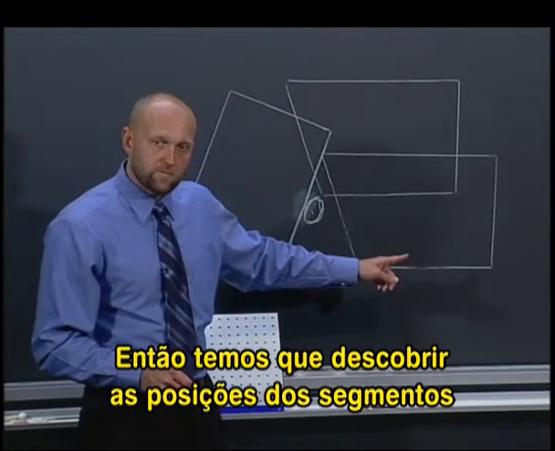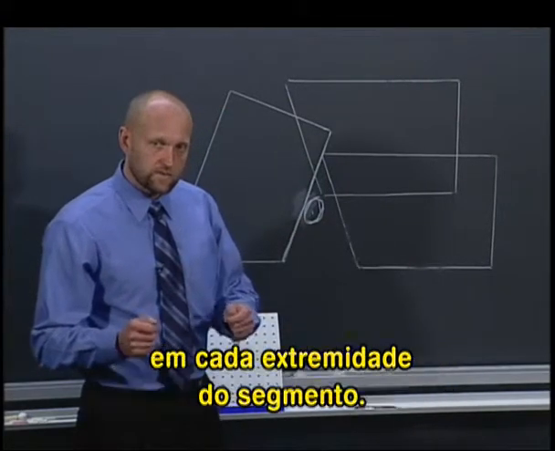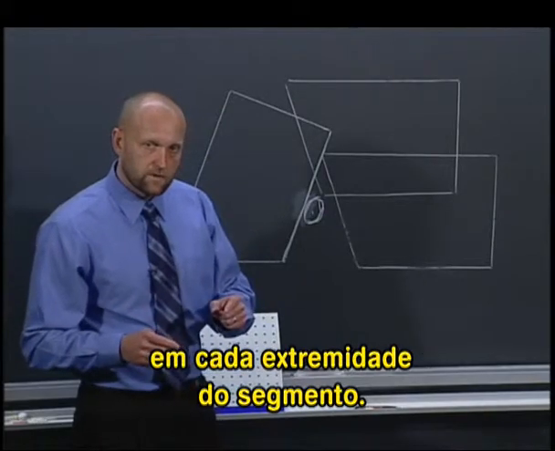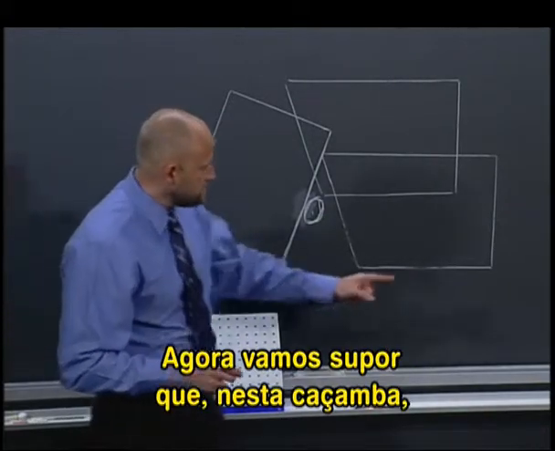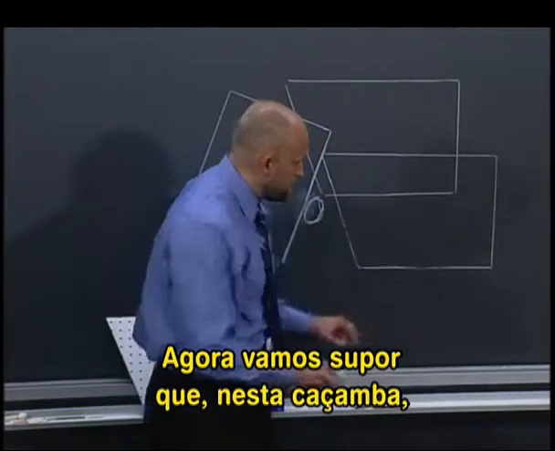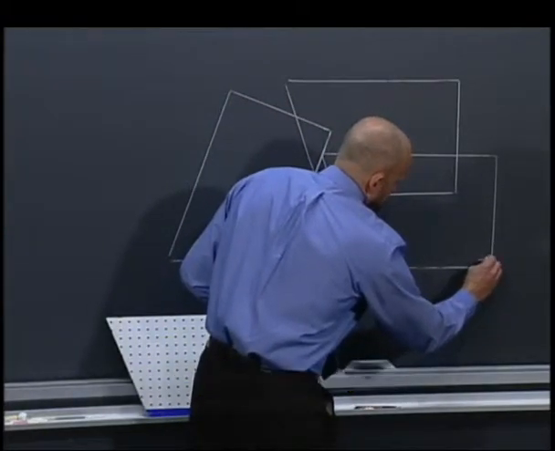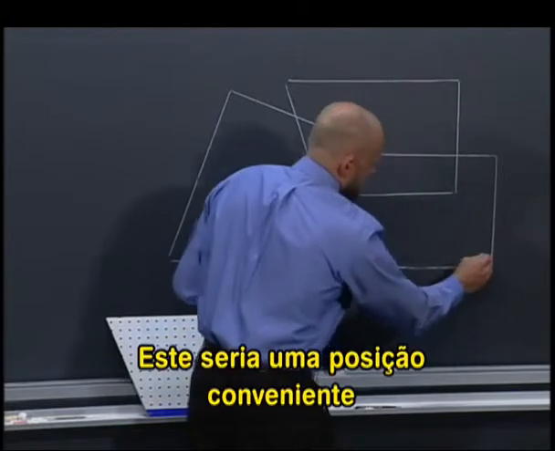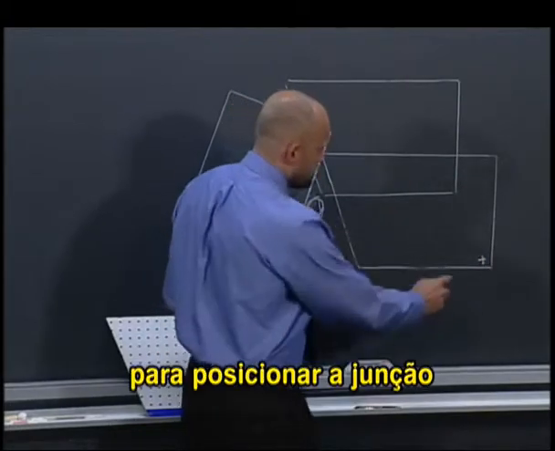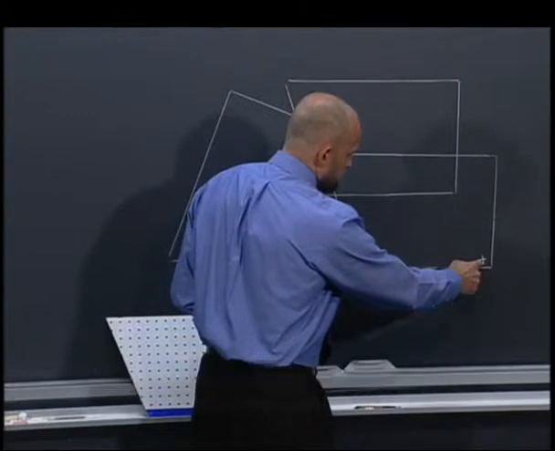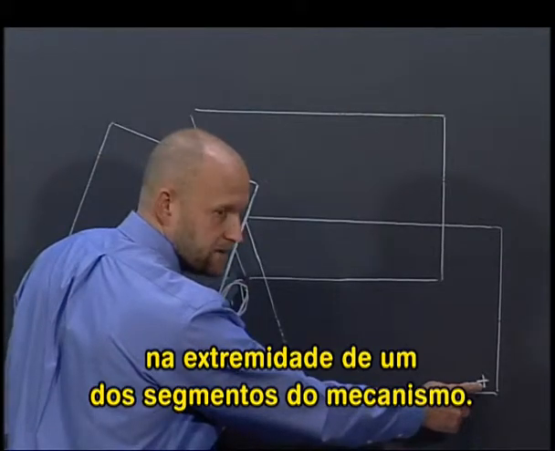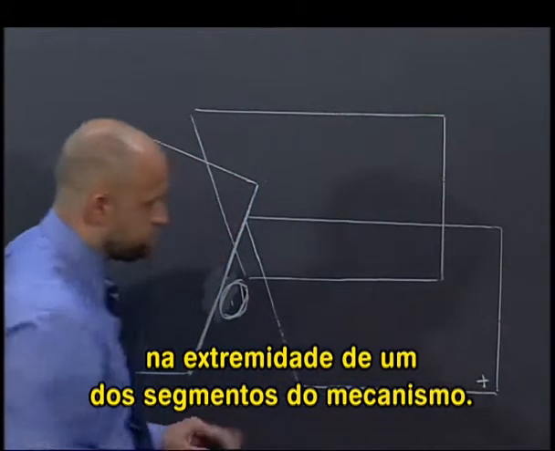So we have to come up with the locations of two joints at either end of that link. Now, let's assume that on this bed the first joint goes here. That would be a convenient place to locate a joint that is at the end of one of the links of the 4-bar mechanism.